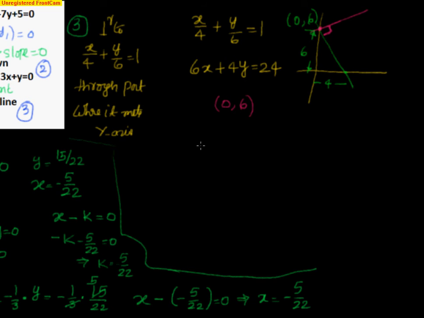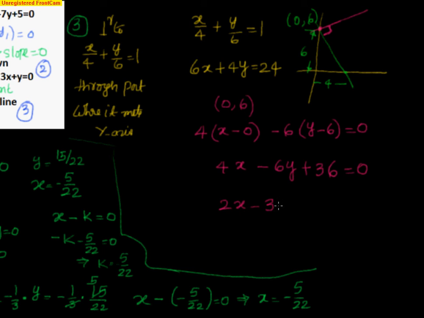It is 0, 6. Now it is very simple. I will say 4 into x minus 0 minus 6 into y minus 6 equal to 0. Right? This becomes 4x minus 6y plus 36 equal to 0. If I simplify this, this becomes 2x minus 3y plus 18 equal to 0.